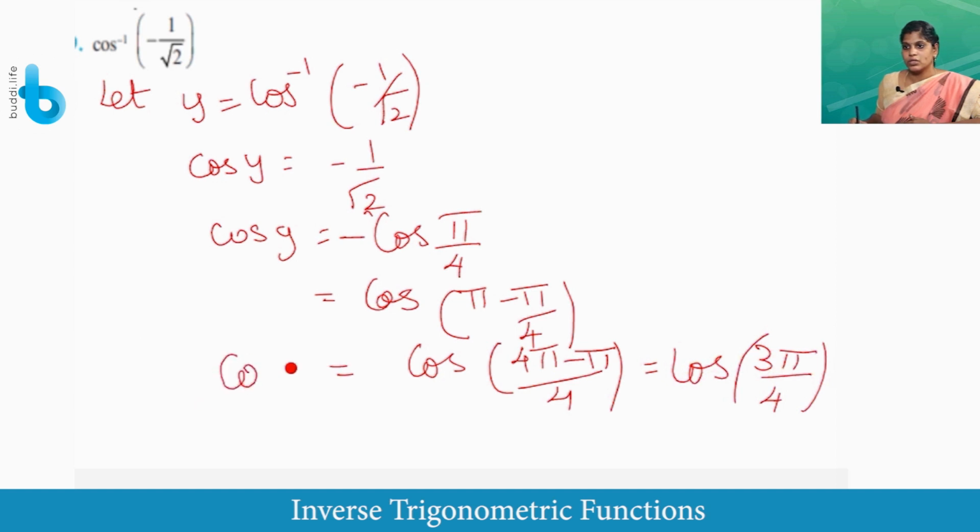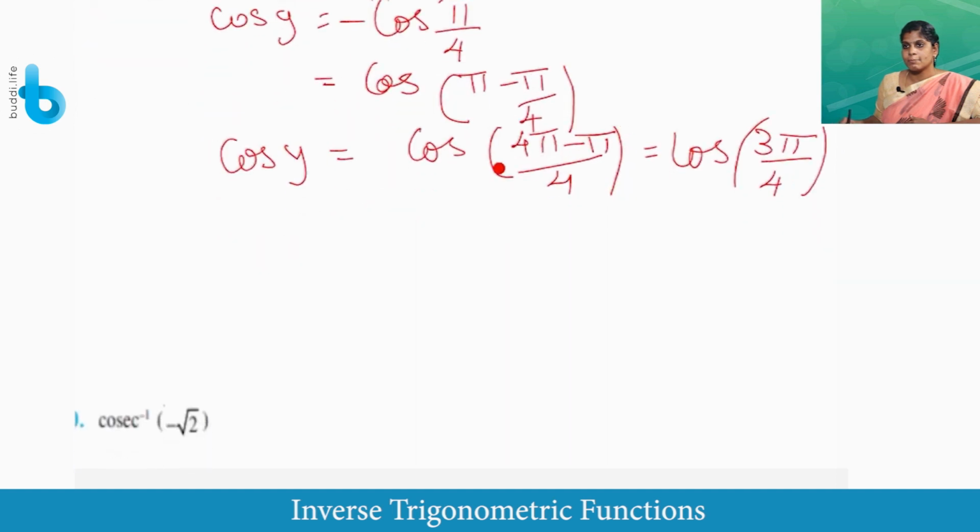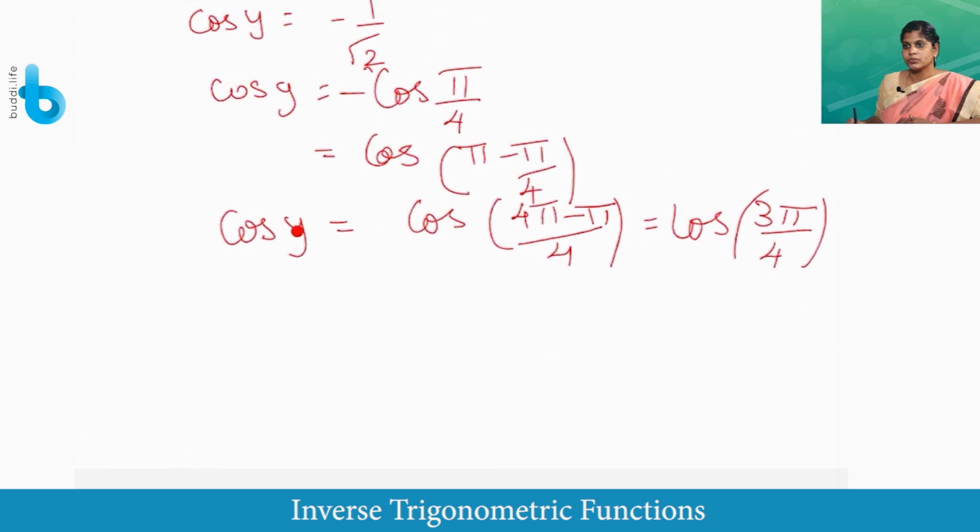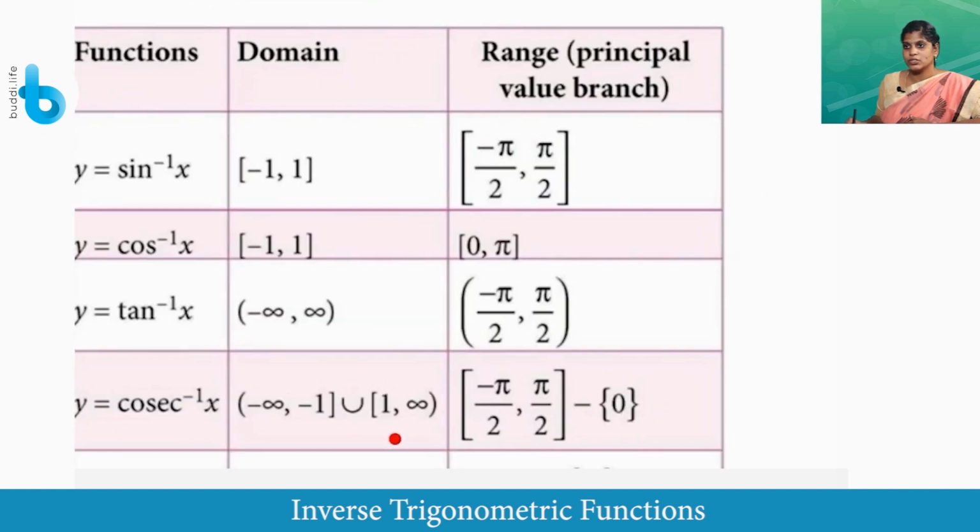So cos y equal to cos of 3 pi by 4. Therefore, what will be the y value? Y value equal to 3 pi by 4, and you have to check the principal range also. What is the principal range for cos? The principal range for cos is 0 to pi, that is the closed interval 0 to pi.